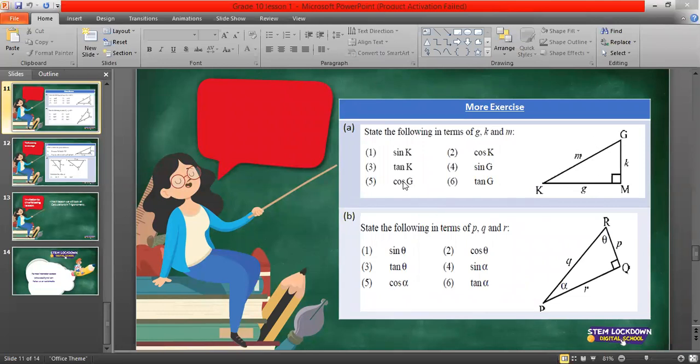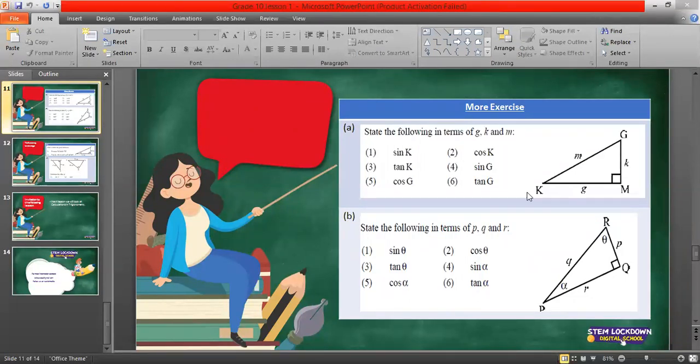Now, what about cos G? Cos G will be adjacent over hypotenuse. SOHCAHTOA: cos is adjacent over hypotenuse. So adjacent is k, because these are opposite, since we're looking at G as our angle. So these are adjacent and the hypotenuse. So cos G will be k over m.